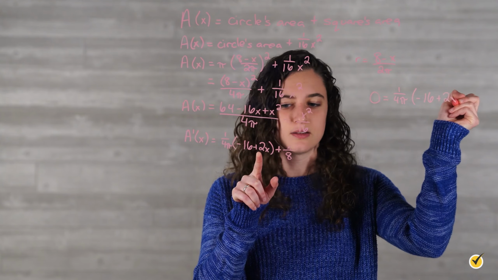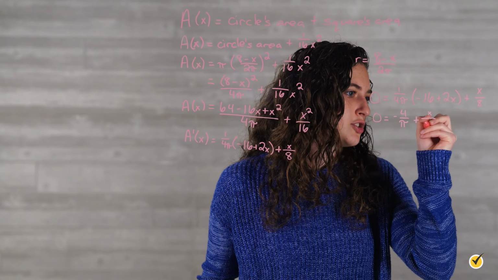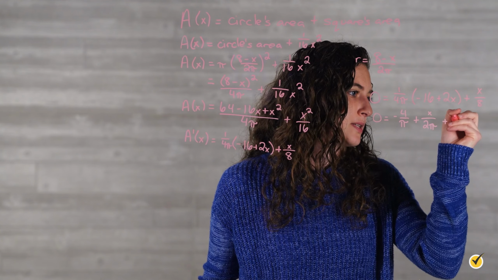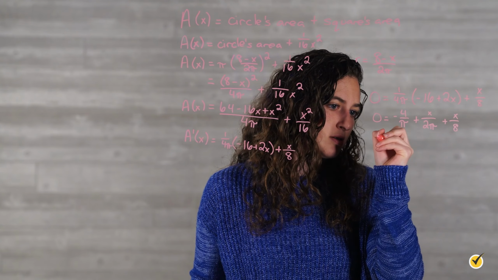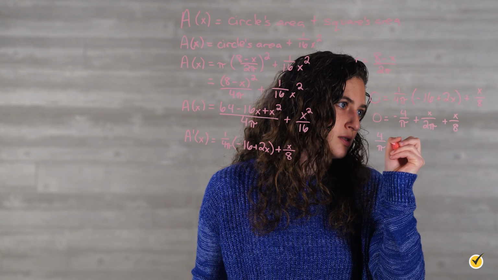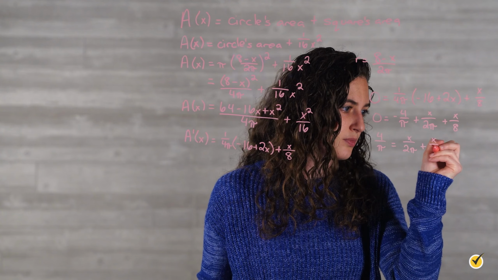So this will be 0 equals, if we distribute 1/(4 pi), we'll get negative 4/pi plus x over 2 pi plus x over 8. Then we can add 4/pi to both sides. So we'll have 4/pi is equal to x over 2 pi plus x over 8.